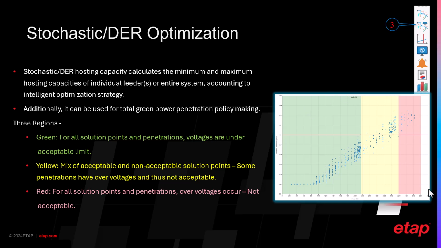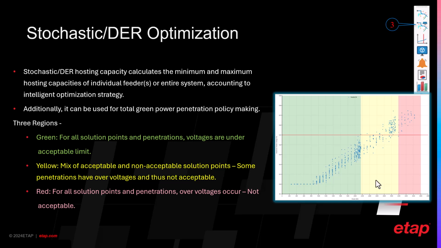This scatter plot is a result of the simulation, and each point here represents a certain combination of buses that have been selected to host PV, and that combination also includes the capacity of that bus. So once you have a wide solution set, you are able to generate a scatter plot of the hosting capacity versus the maximum voltage.